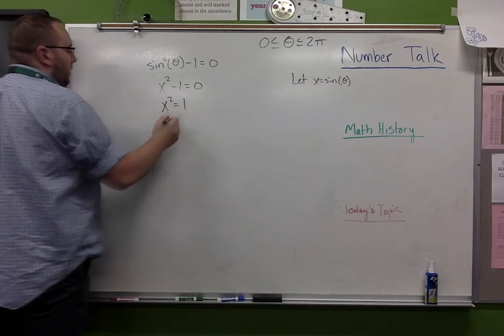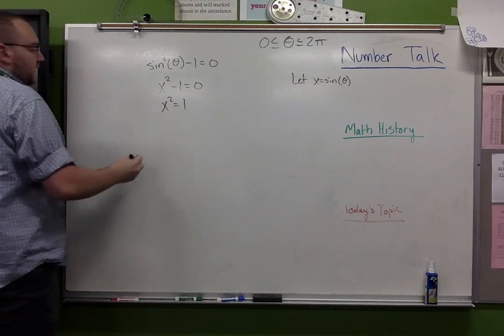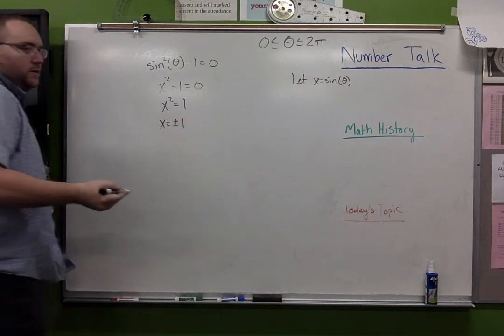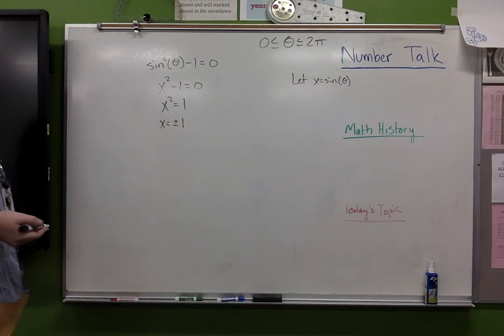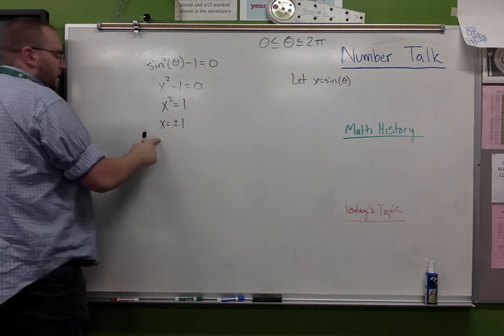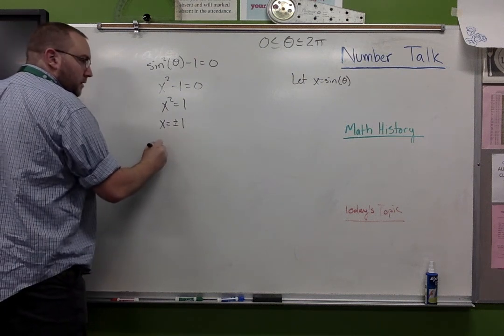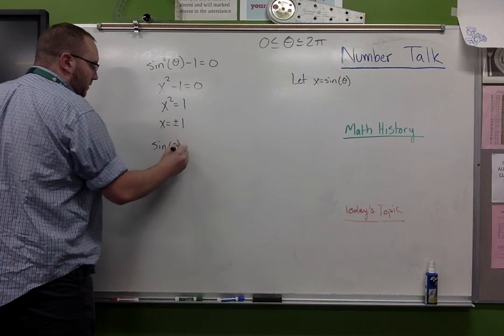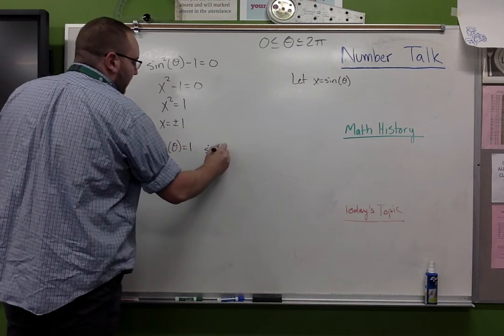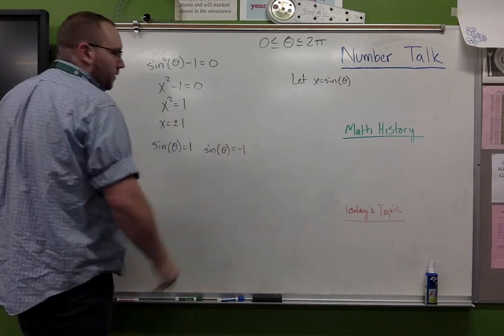X squared equals 1. Square root both sides. X equals plus or minus 1, right? The square root of 1 is 1. So I'm going to replace x with sine. So sine of theta equals 1, and sine of theta equals negative 1.